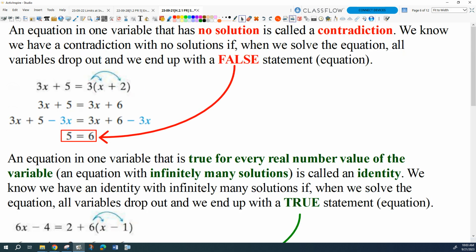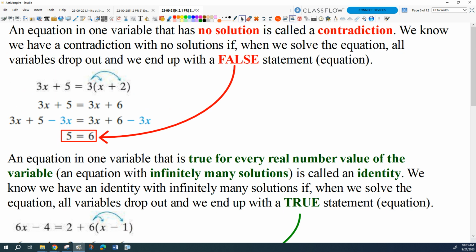Okay, and here's just a quick reminder for the notes, some additional terminology we can apply to this. If an equation in one variable has no solution, we only have one variable in these equations, it's been x in every case, this is called a contradiction, and it means that there are no solutions.